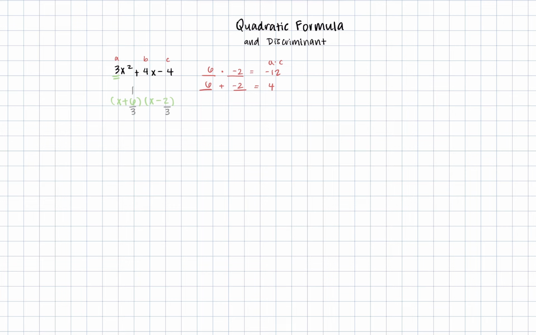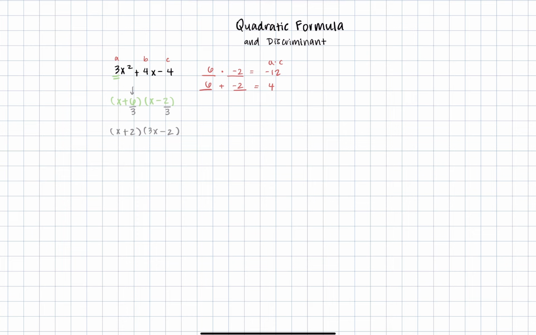So for the first one, 6 divided by 3 is 2, so that's simply x plus 2. But for the other one, we can't have fractions. So we're going to do something called bottoms up, which we learned in the Lizzie method. The 3 comes right next to the x, and the 2 stays where it is. So these are our factors.